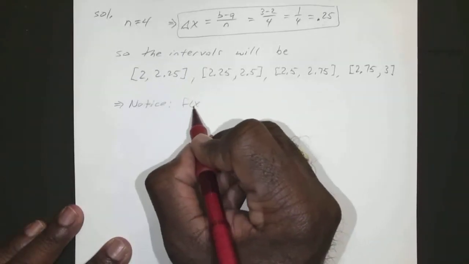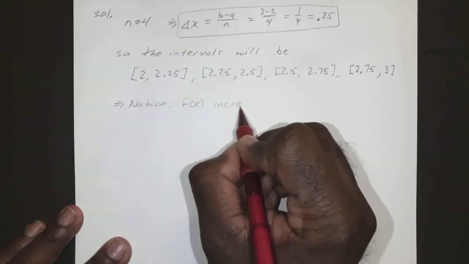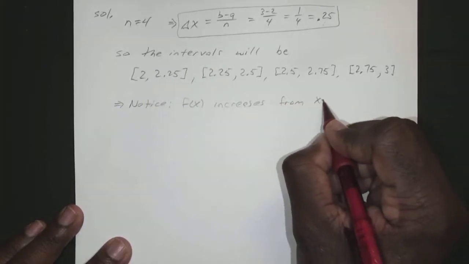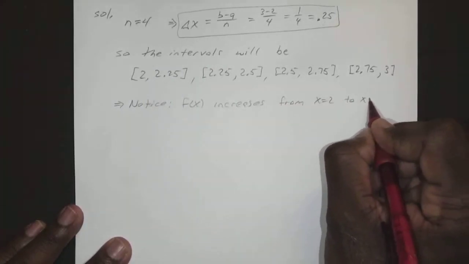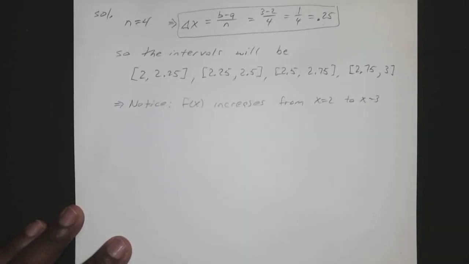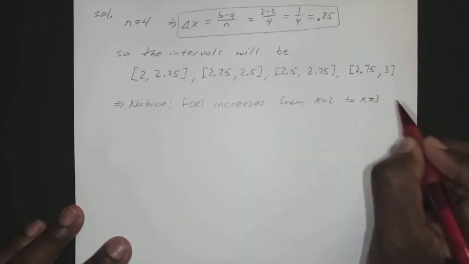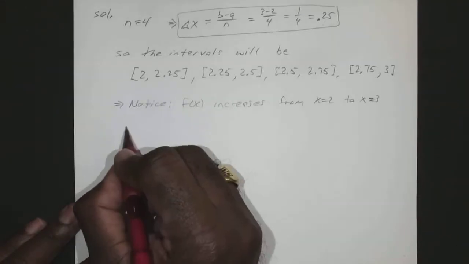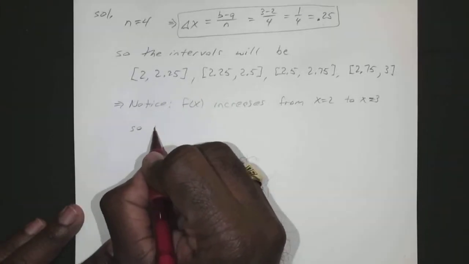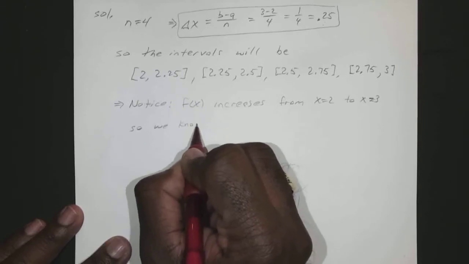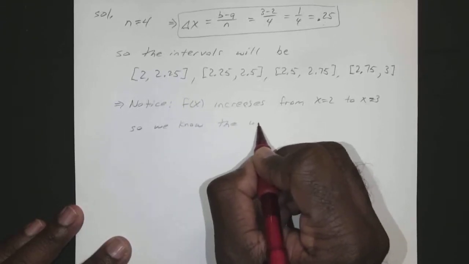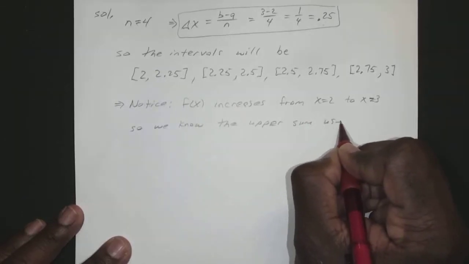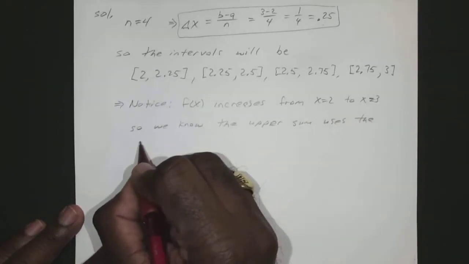So f of x increases from x equals 2 to x equals 3. So if it's increasing and we're looking for the upper sum, we know the upper sum uses the right endpoints.